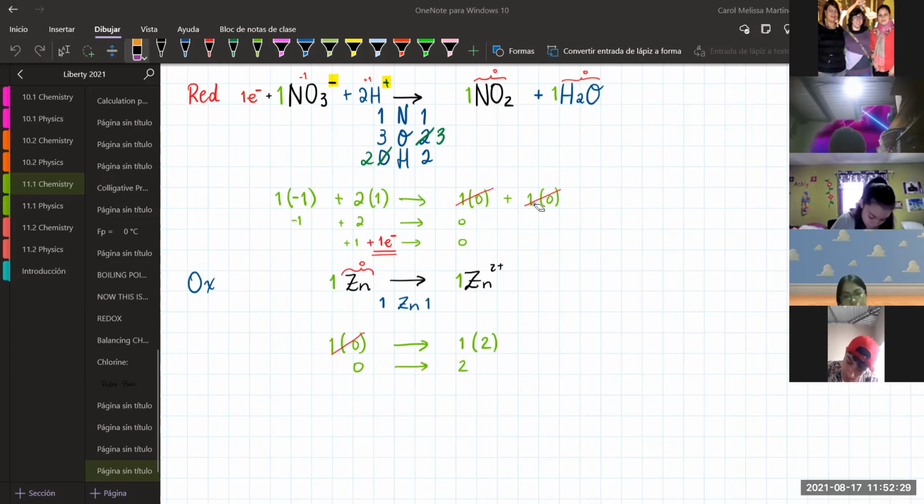So how many electrons do I have to add? 2 electrons. 2 electrons in the right or in the left? On the right. 2 electrons on the right. So I'm going to include them in the products, in the oxidation part. And with this, we finish the redox.